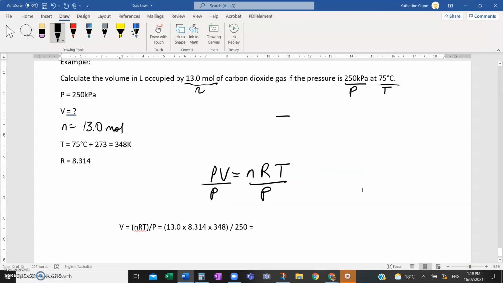To round it to three significant figures, 150 litres.